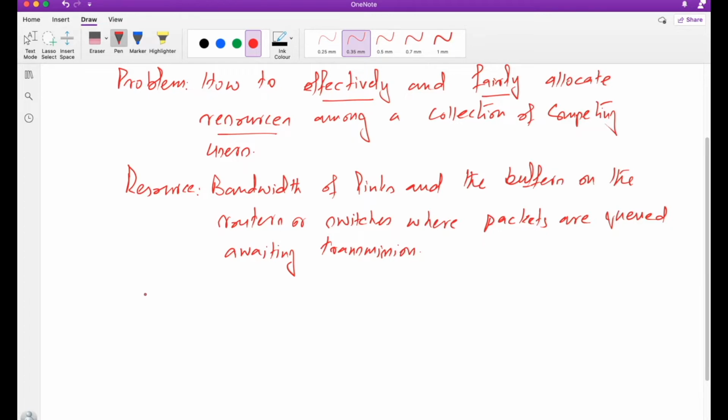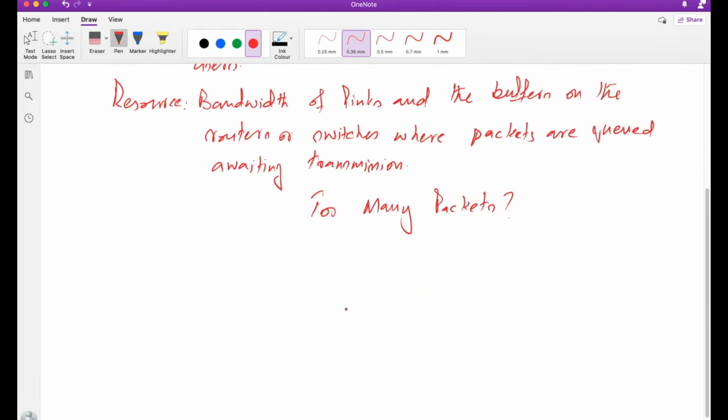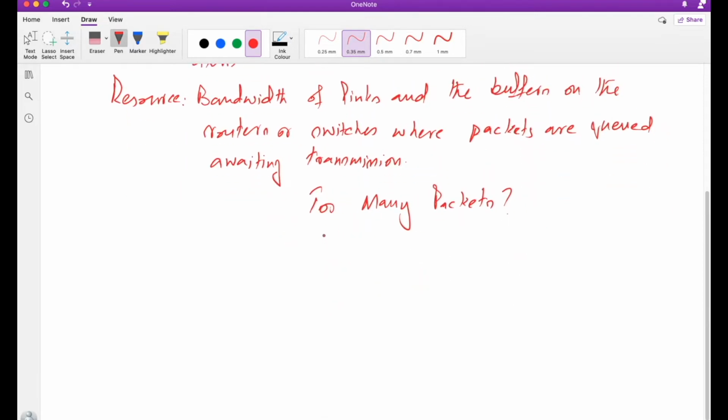What if there are too many packets? What if we have too many packets? What's the problem? Yes, if we have too many packets, this means, number one, maybe packets experience increased end-to-end delay.